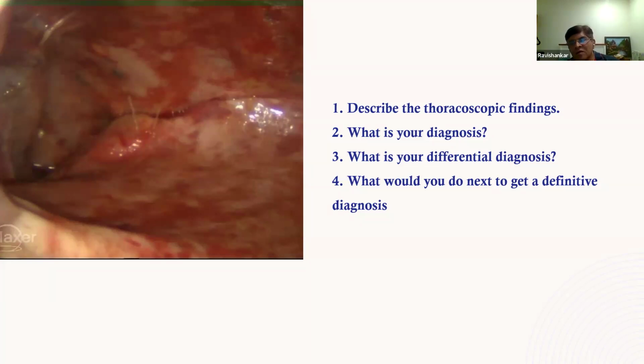So what is the diagnosis? Nikita, what is the diagnosis? Sir, my differentials would be tuberculosis, sir. Okay, tuberculosis. And malignant lesions of the lung, probably mesothelioma, sir.